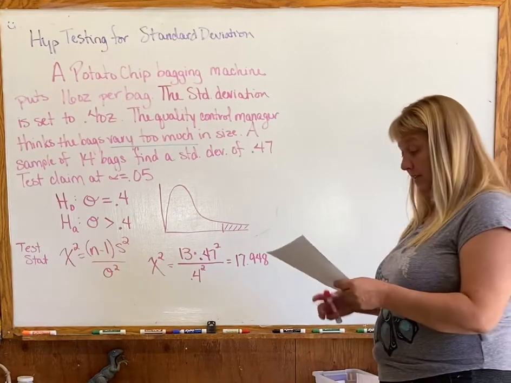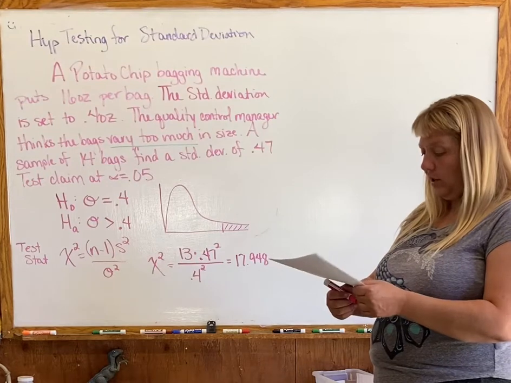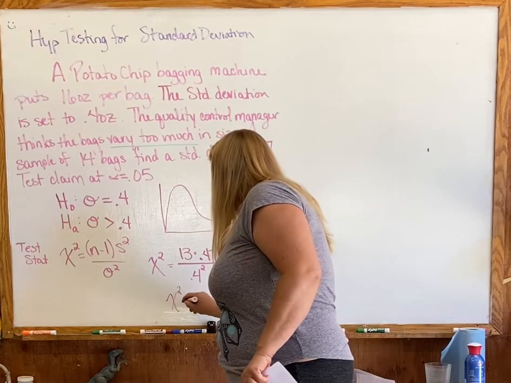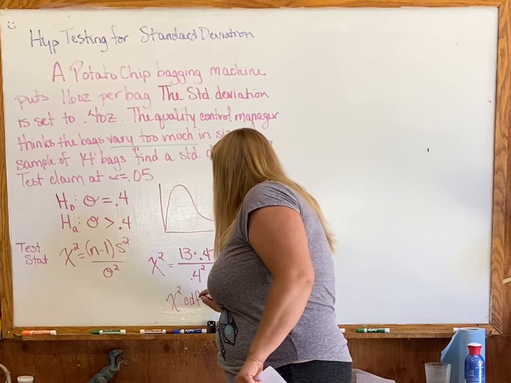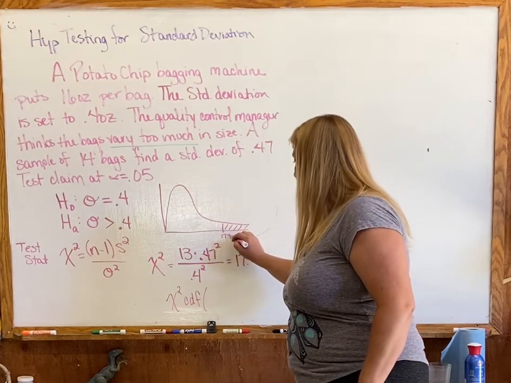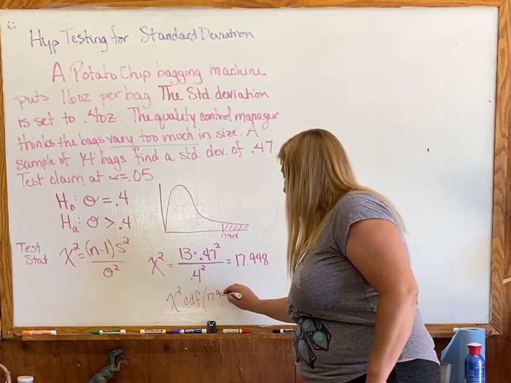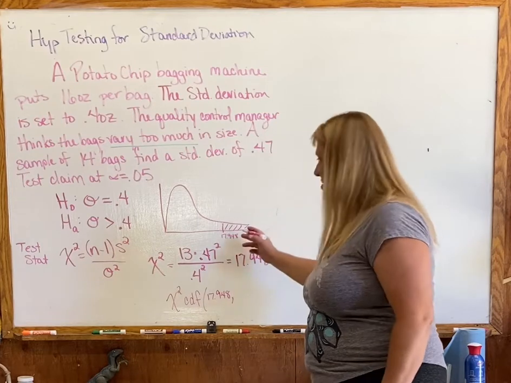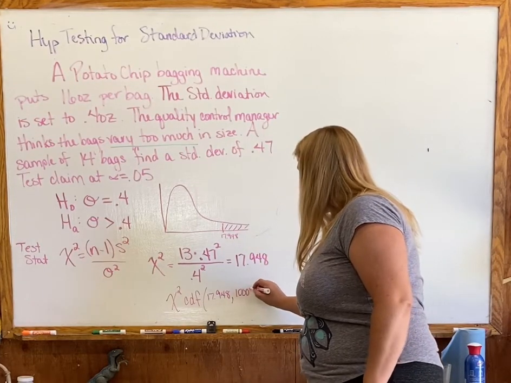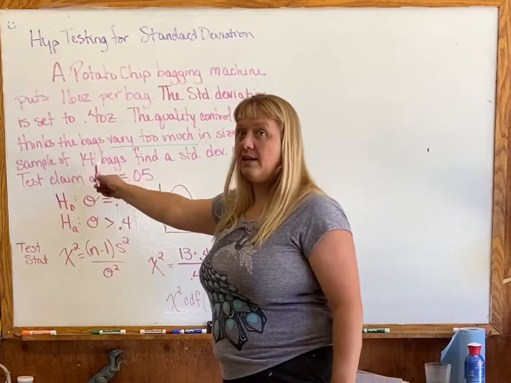Sorry, back to this. Okay, so now we're going to go to our calculator, and we're going to do the chi-square CDF. And our lower limit is this guy, 17.948. Our upper limit is going to be 10,000. And then remember, we also need our degrees of freedom, which again is 13.